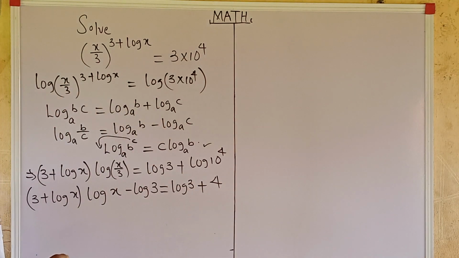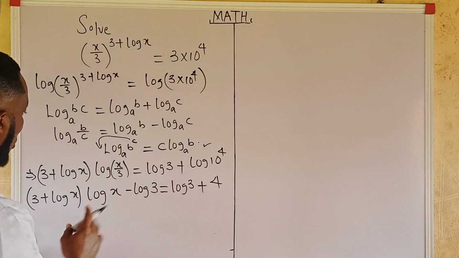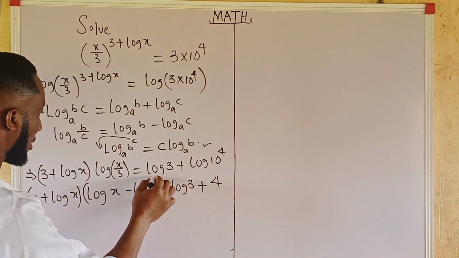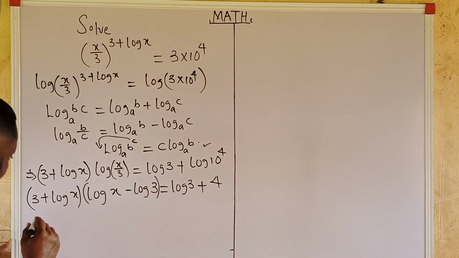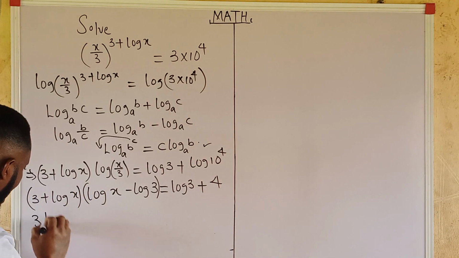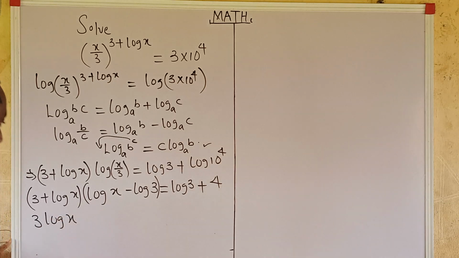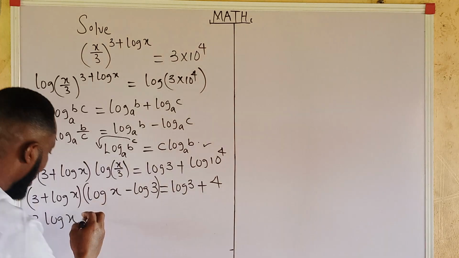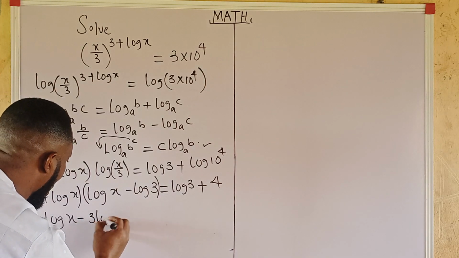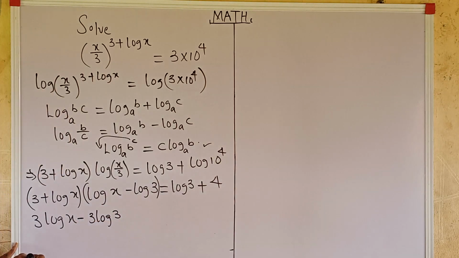The next thing I shall do is to distribute these two parentheses. So 3 multiply log x, that will be 3 log x. 3 multiply negative log 3, that will be negative 3 log 3. I'm done with using 3 to distribute.